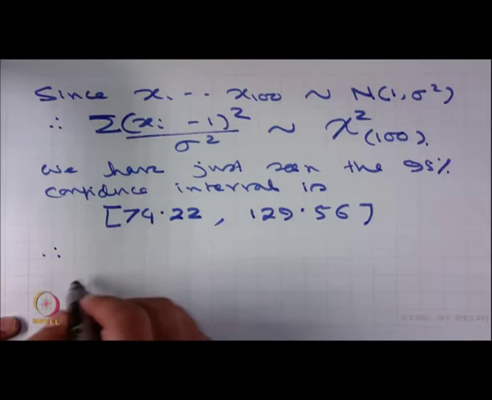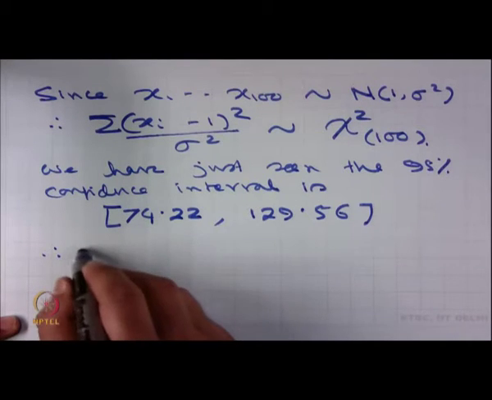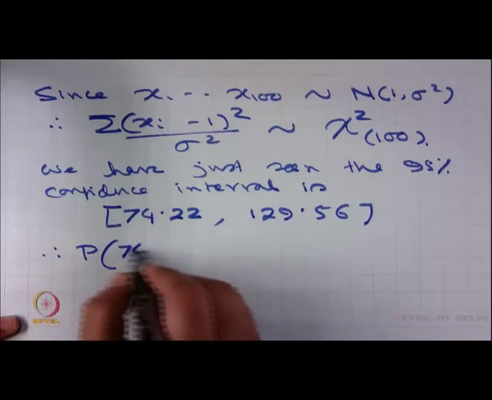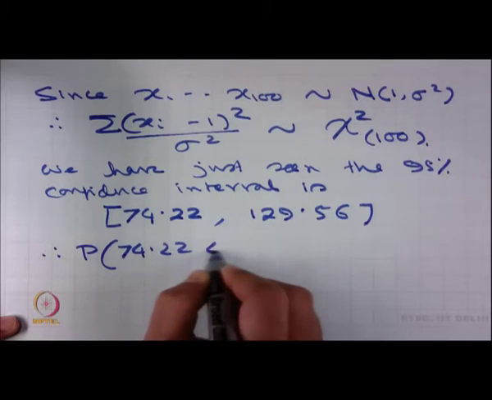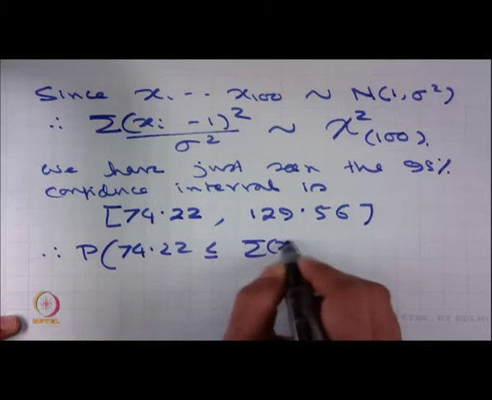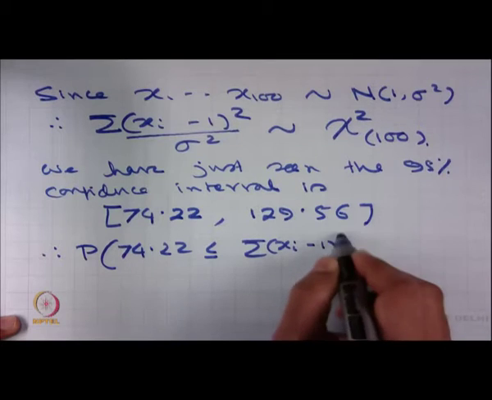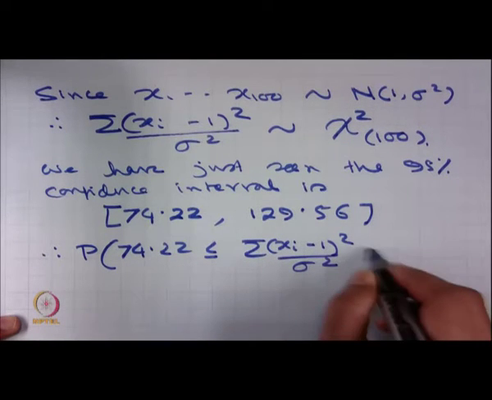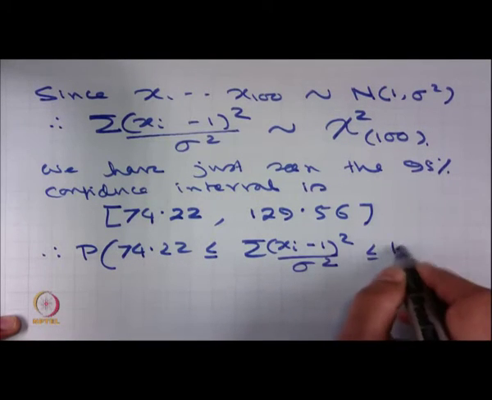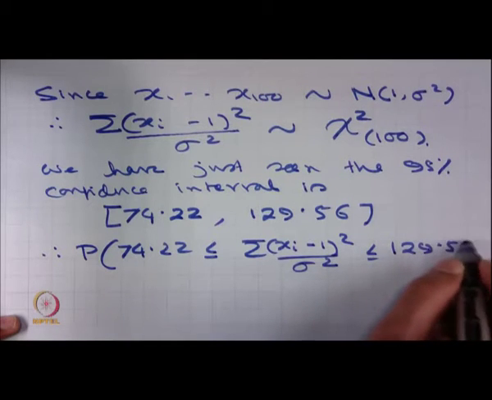Therefore, probability 74.22 less than or equal to sigma (x i minus 1) whole square upon sigma square less than or equal to 129.56 is equal to 95%.